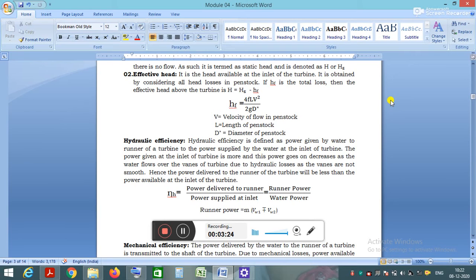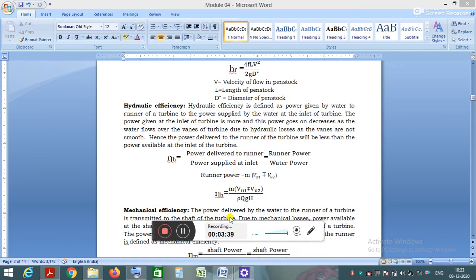And we already derived the equation for energy transfer or the power in the second module. The runner power is given by m into (Vu1 plus or minus Vu2), where Vu1 is the tangential component of the absolute velocity V1. We already derived this equation in the second module.